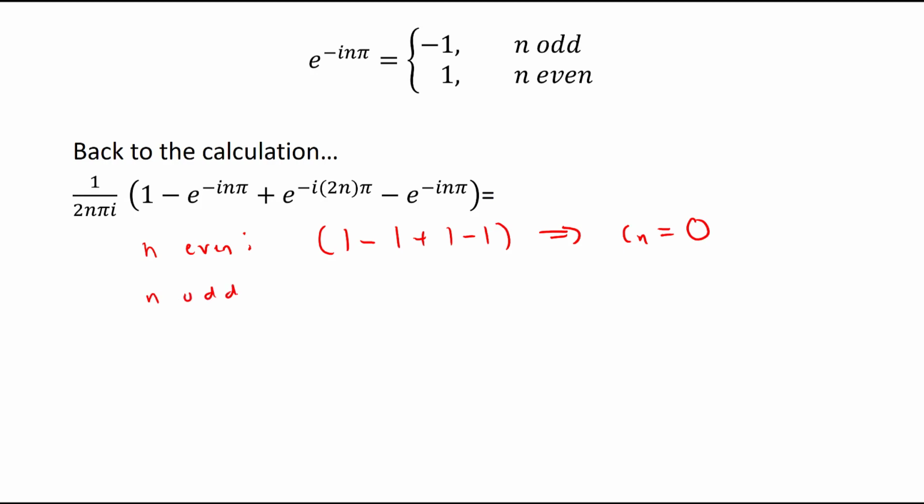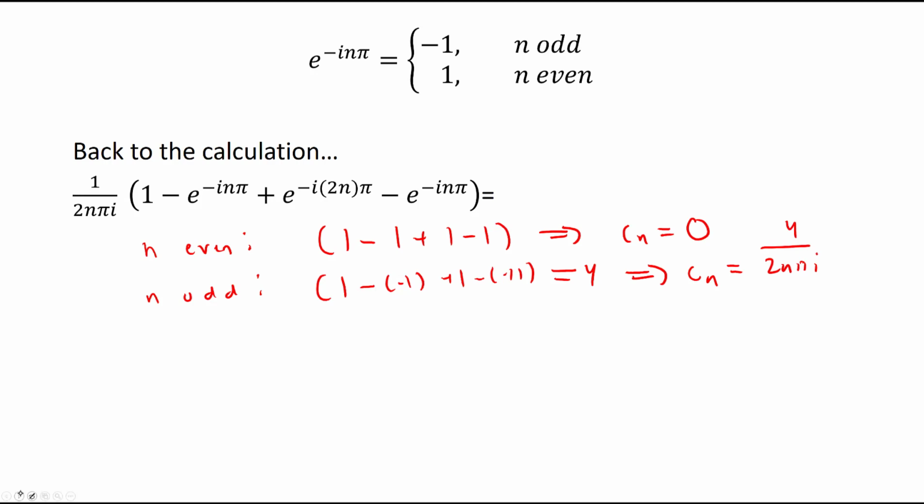When n is odd, in contrast, note that the terms in parentheses will be 1, -1, 1, and -1, which obviously equals 4, and hence the coefficient c_n will end up being 4 over 2nπi when n is odd. What does this all get us?